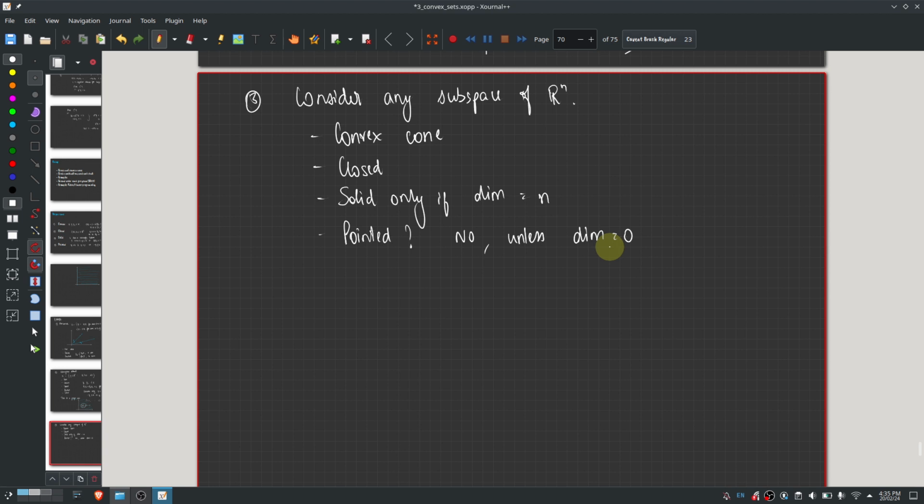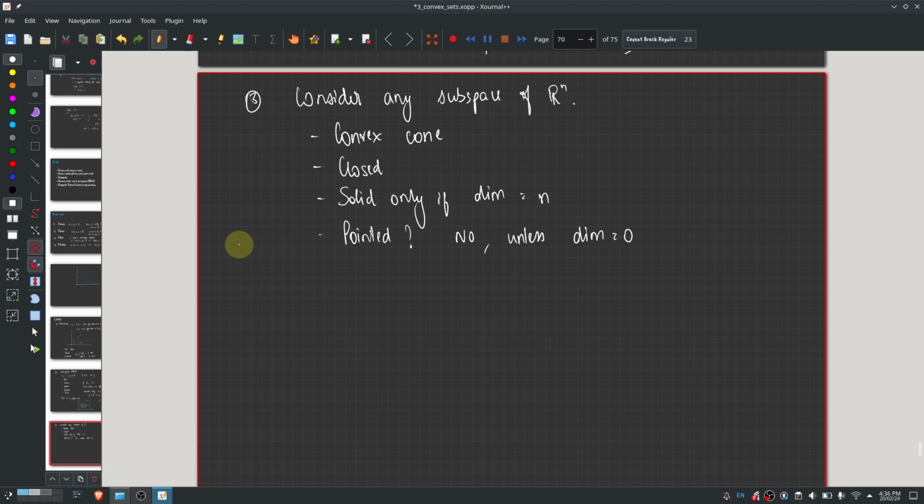It's a reflection around the origin, and that point is not included in the cone, right? So in fact, the mathematical definition of pointed conforms to our intuitive notion of pointedness.